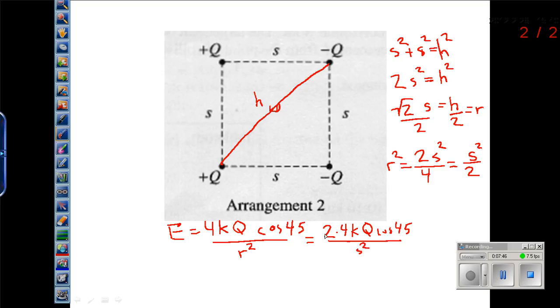The 4 and the 2, of course, we can just get rid of this and make that an 8. And if you want to simplify it a little more, recall that cosine of 45 is square root of 2 divided by 2. Plugging that in, our final expression could be E equals 4 times the square root of 2 kq divided by s squared.